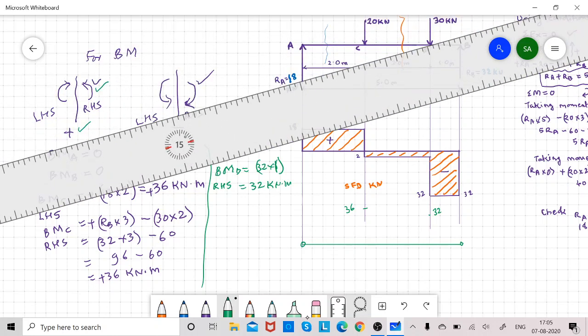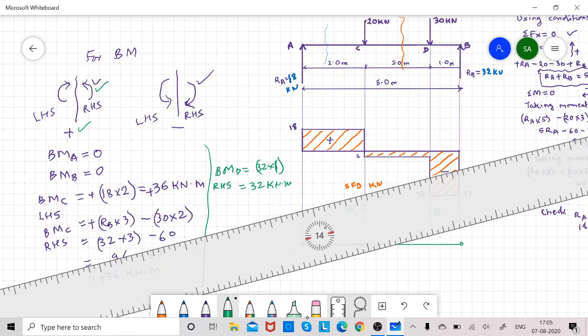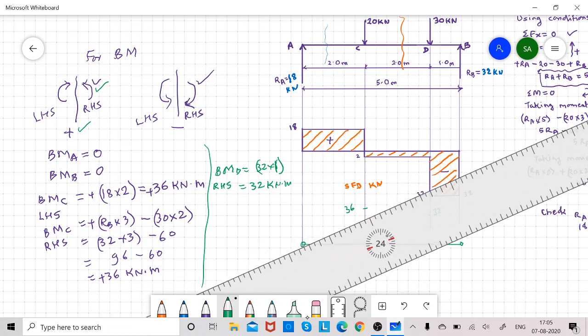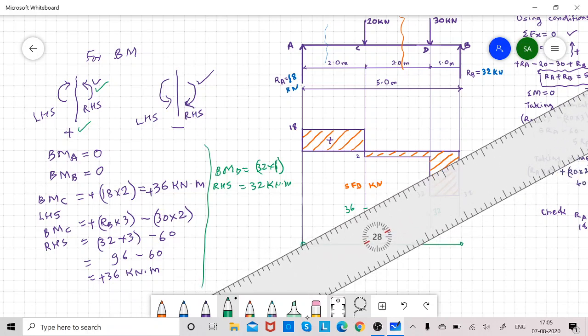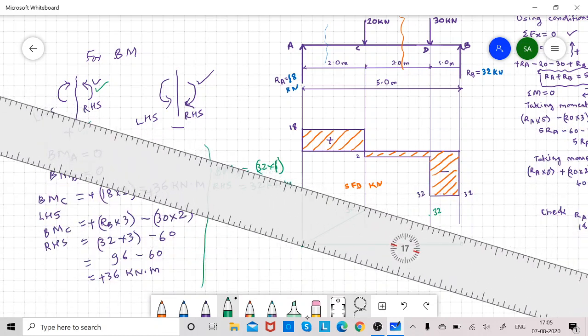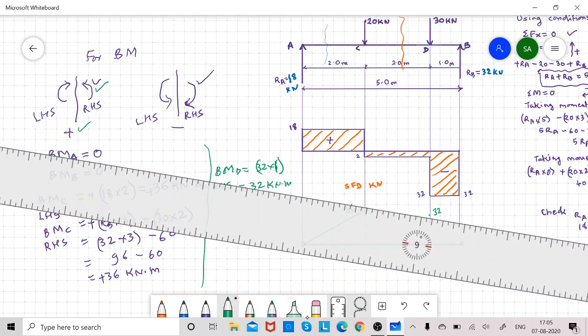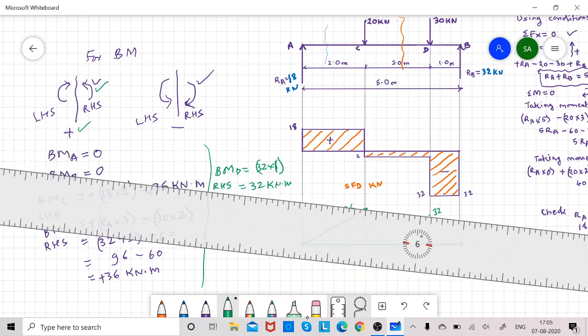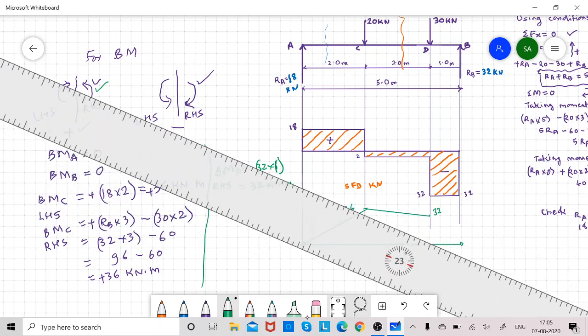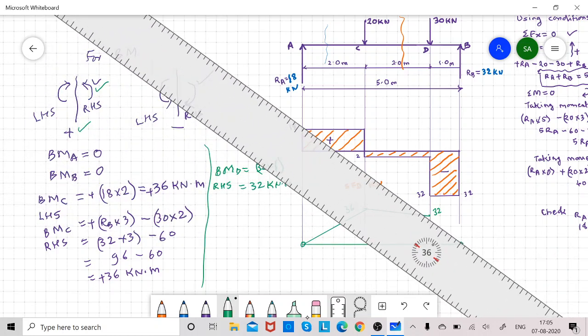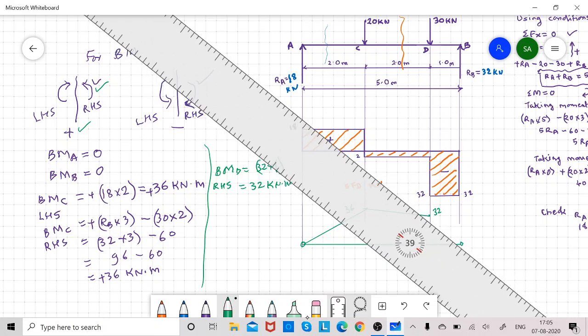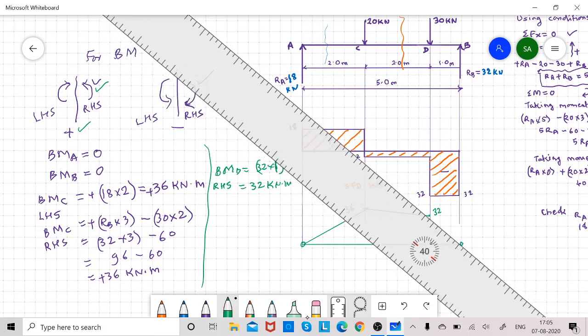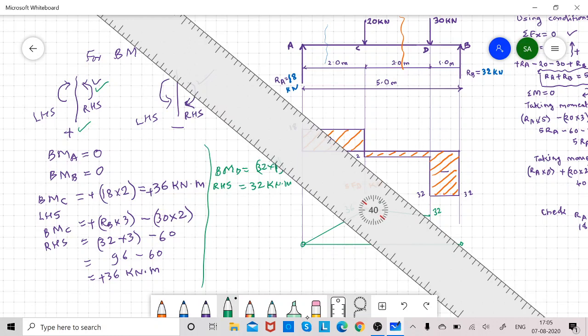Then next job is to connect these points sequentially: A to C, then C to D, and D to B. So connect these points to complete the bending moment diagram.